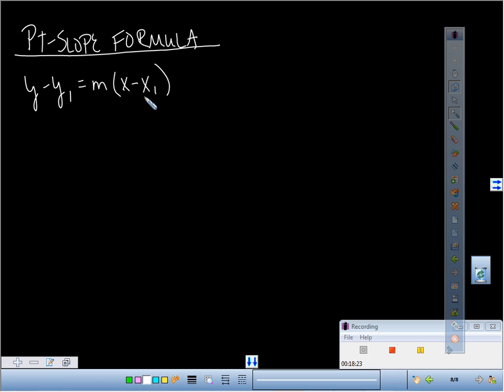Now, did they just make this formula up? Watch this. M is equal to, what's the formula for slope now? No, that's intercept form. Okay, y2 minus y1 over x2 minus x1. What would happen to this if I multiplied both sides by x2 minus x1? Could I do that?